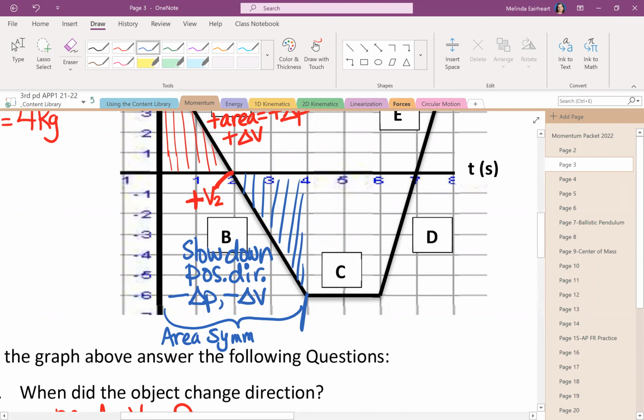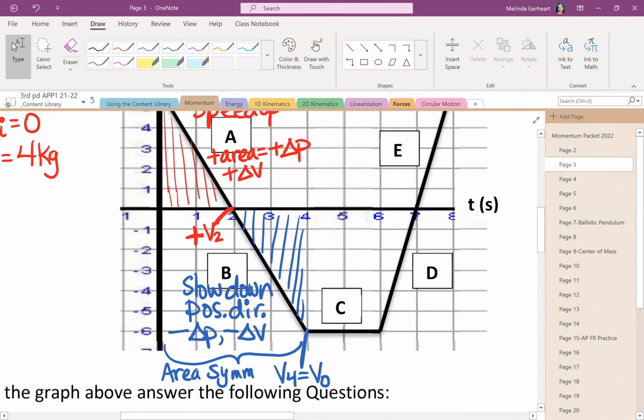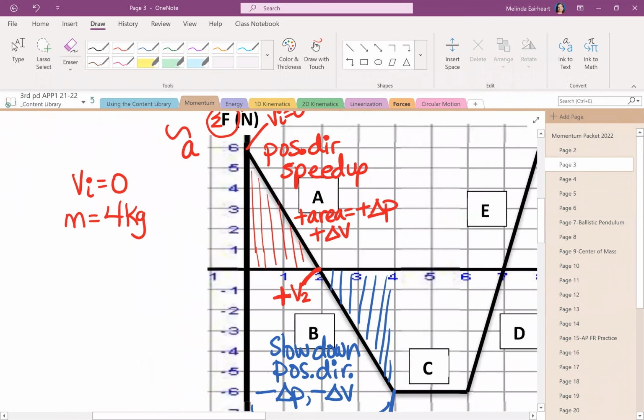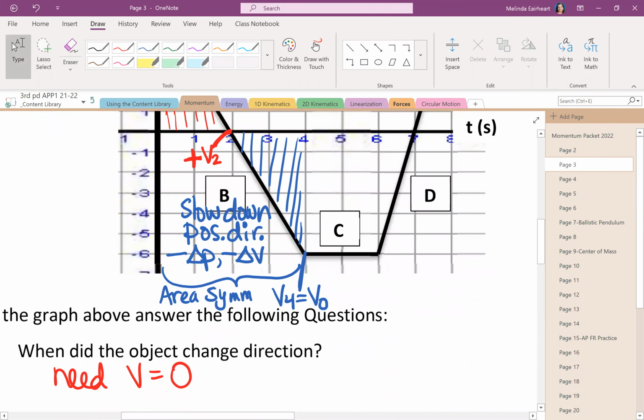And so at this point, V4 equals V0. And that means at 0 seconds, what did we start with? The initial velocity started with zero. So now we've returned to 0. We've come to a split second stop at 4 seconds.